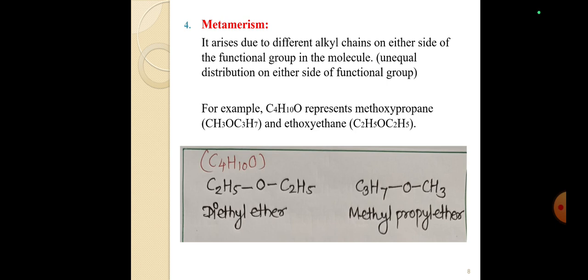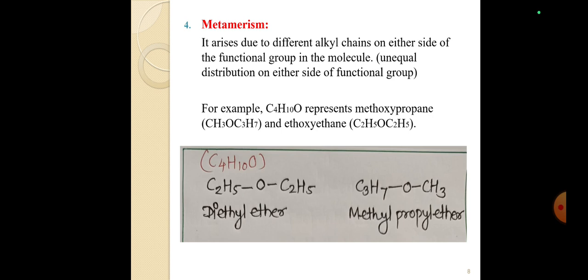So I have given the example of ether here, C4H10O, which represents methoxypropane and ethoxyethane. Here common names I have written. They have C2H5O, C2H5, diethyl ether, and next is C3H7O, CH3, methyl propyl ether.